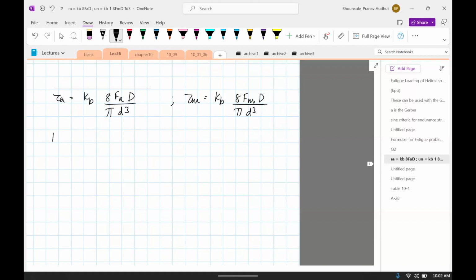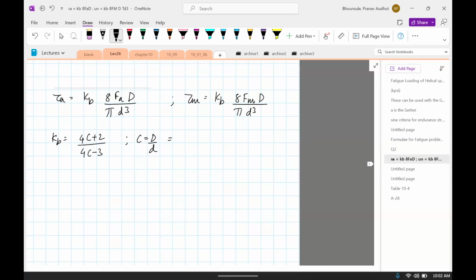So KB, okay, this is something which I don't have in the formula sheet, but I put it in the previous lecture notes. The formula is 4C plus 2 divided by 4C minus 3. Okay, so C is capital D divided by small d.